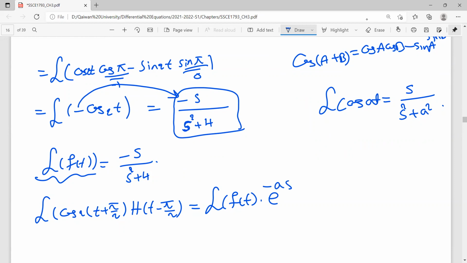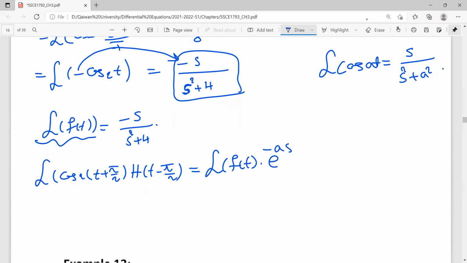Here a is pi over 2. It equals minus s divided by s squared plus 4, multiplied by e to the power minus pi over 2 s. This is the result.